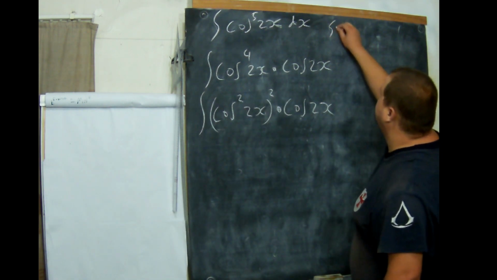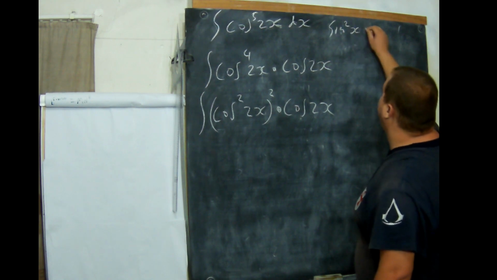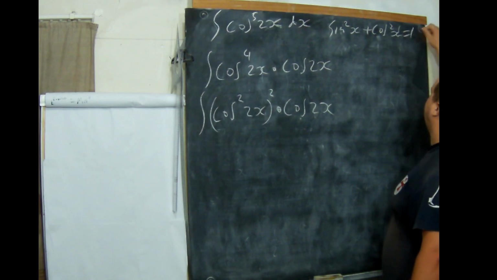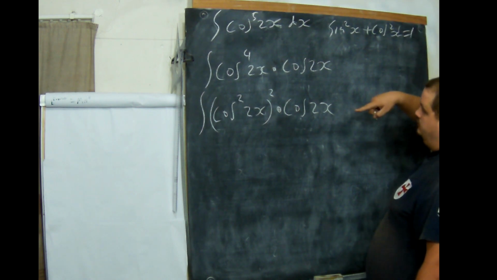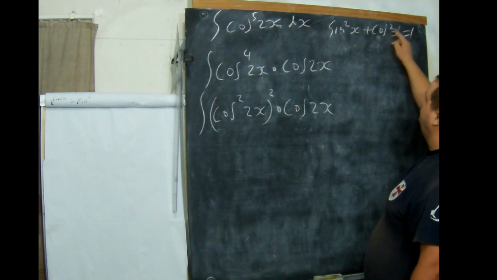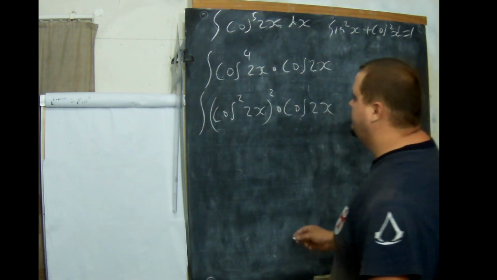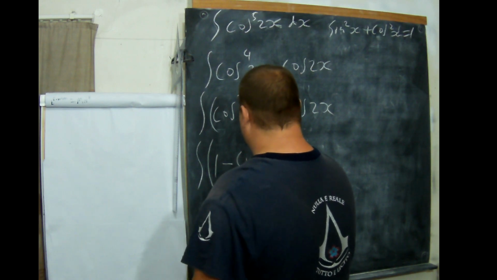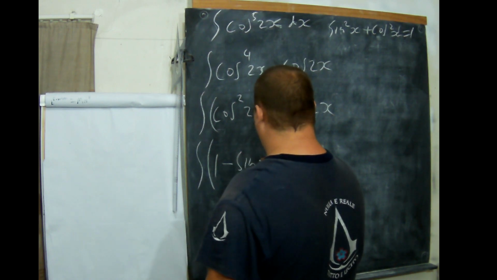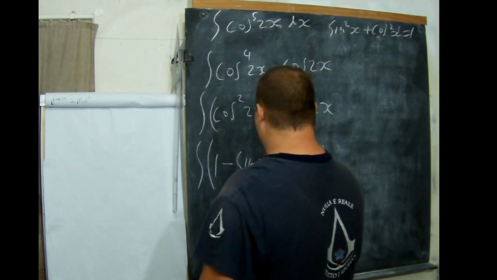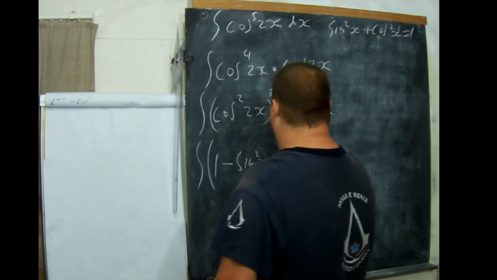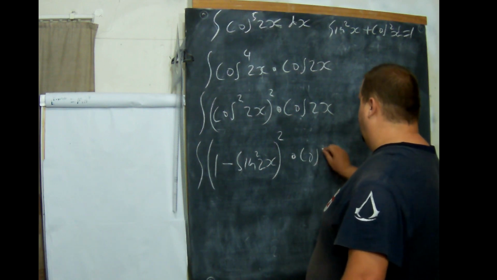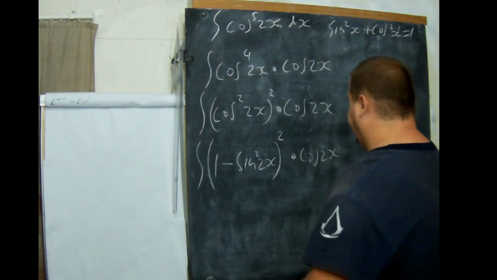Now, sine squared x plus cos squared x equals 1. So cos squared is equal to 1 minus sine squared. So the integral of 1 minus sine squared 2x, all squared, multiplied by cos 2x.